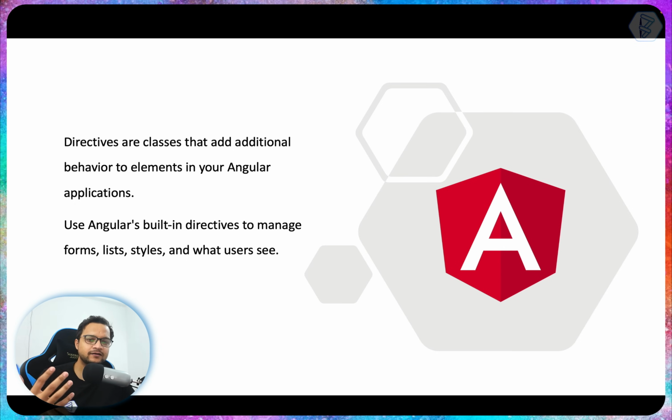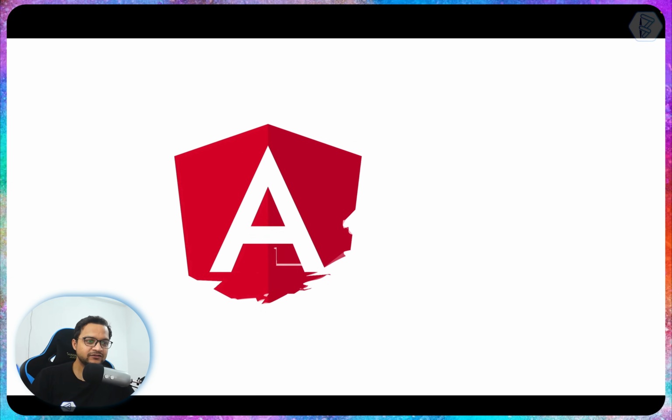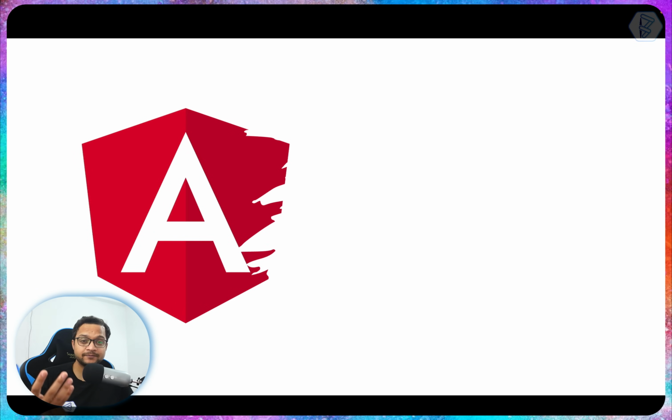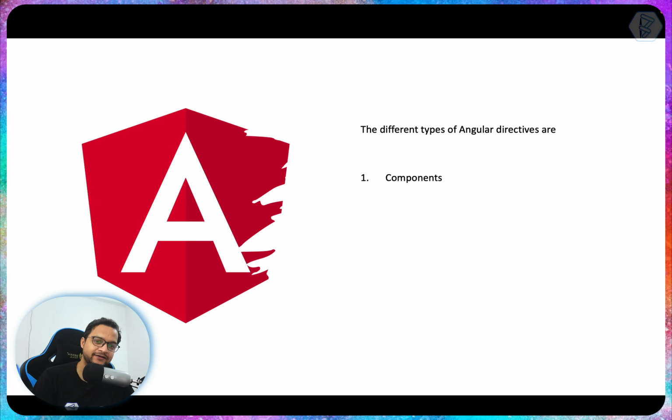So it's like if something is in front of the user, we can use the directives to change it or to manipulate it. So there are various built-in directives available in Angular. First is component. The component is, yes, a directive.